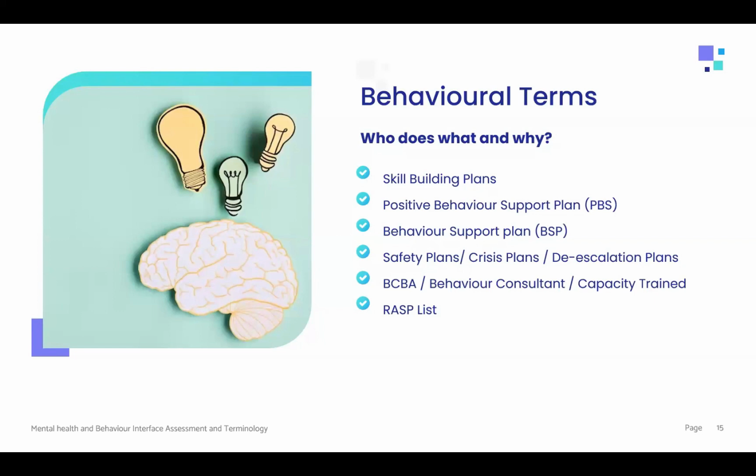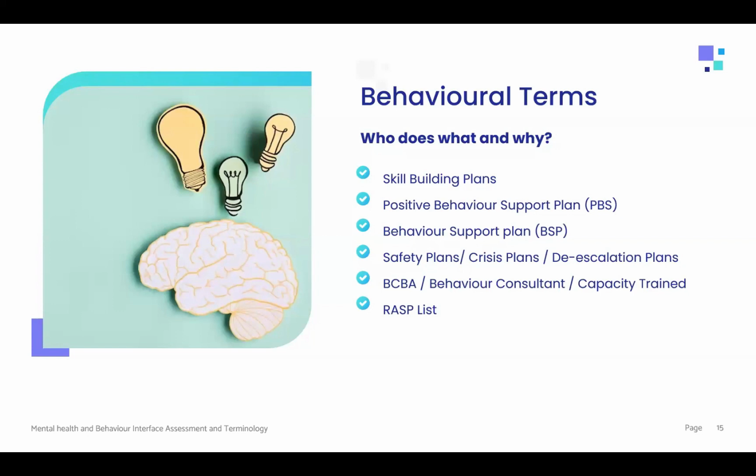So for instance, a BCBA is required to have a master's level education, 2,000 supervised hours, and complete 32 hours of continuing education every 2 years, and they're bound by a code of ethics.